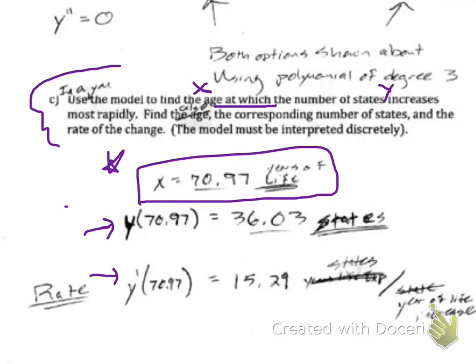And then the most important thing is putting the units. So if I put it into the original function, that gives me the number of states, and the next one gives me states per year of life increase, because states is my output and years of life is my input unit. So it's output per 1 unit change in input. 15.29 states per 1 year of life increase. That takes care of part 2 on that graph.